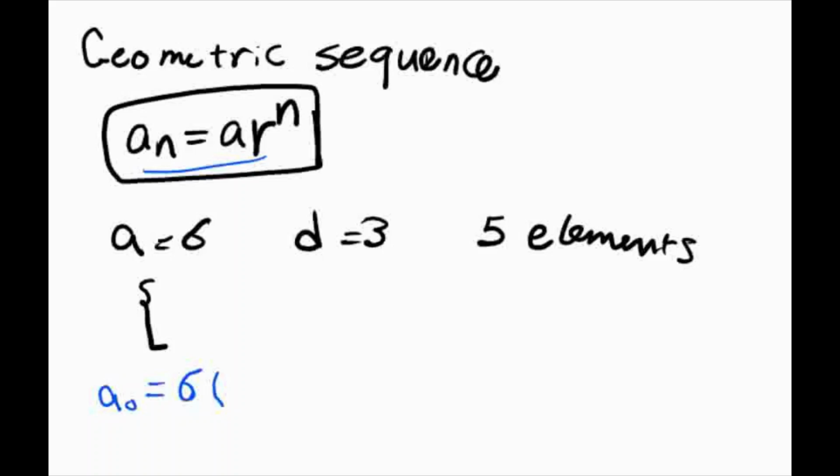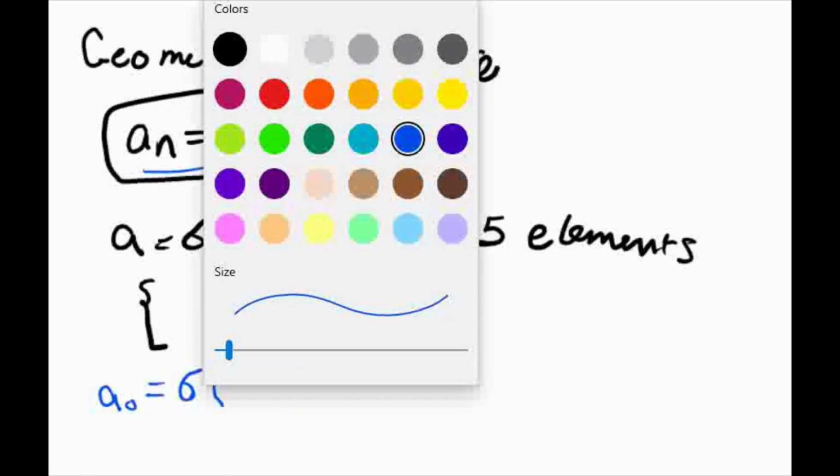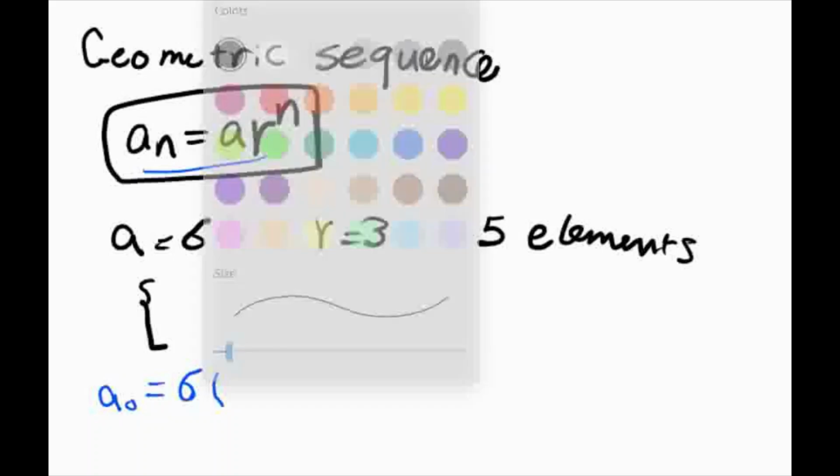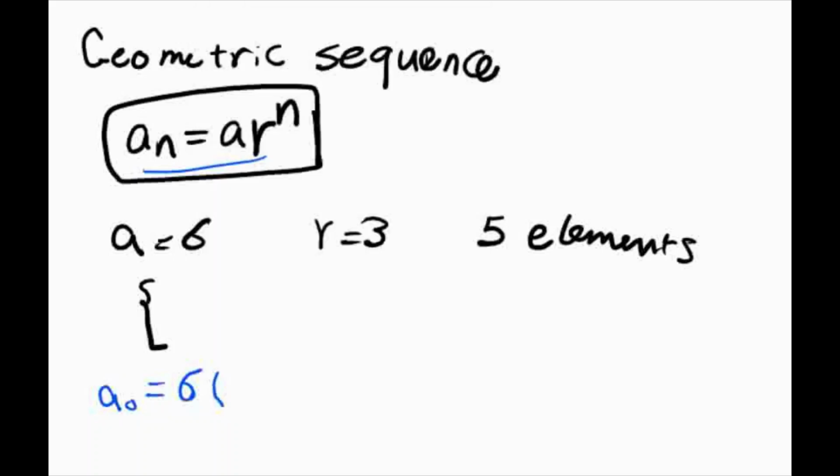I'm sorry, this one I should have said R, not D. D was for the other one. Okay, my R is 3, and 3 is going to be to the power of 0. And we know that any number to the power of 0 is going to be 1.